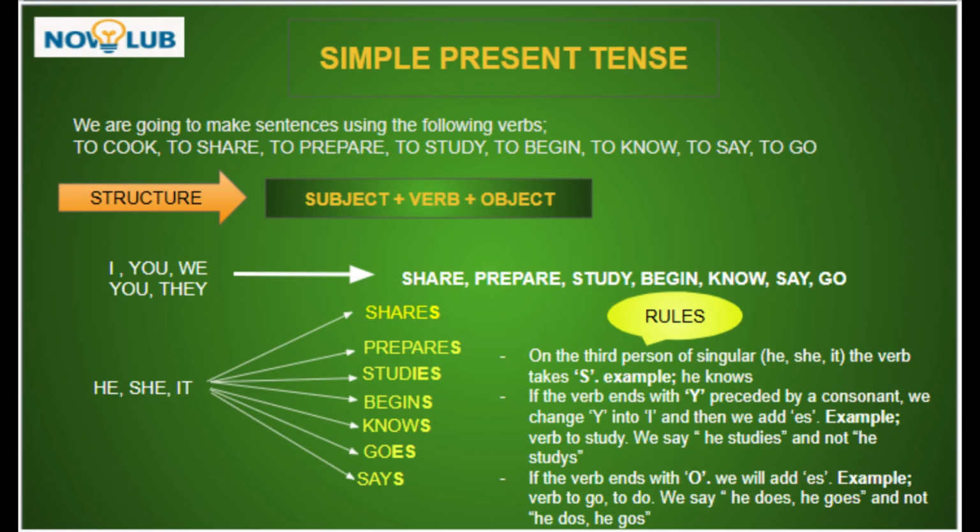You change y into i, and then you add es, and so here you can see now we have studies. Also, when the verb ends with o, like go, you don't put s directly, you add e and then s, and then we say goes. Like the verb to do, you say does, she does.